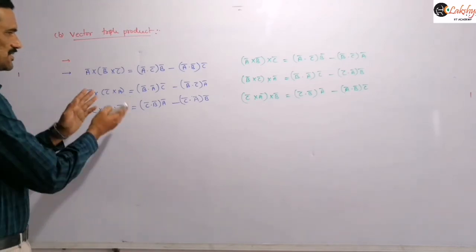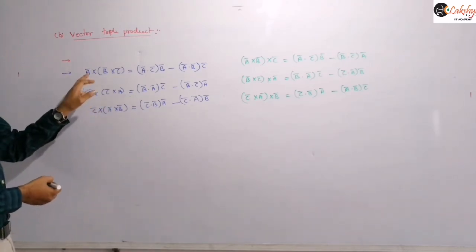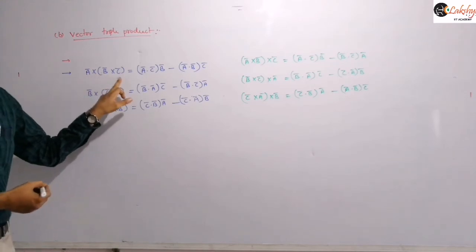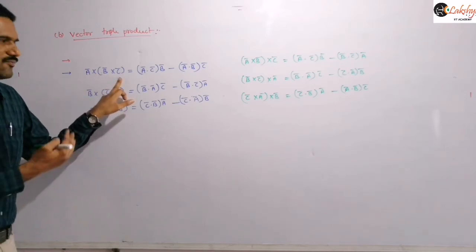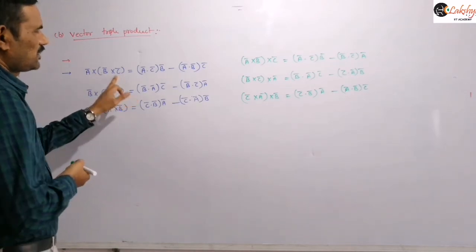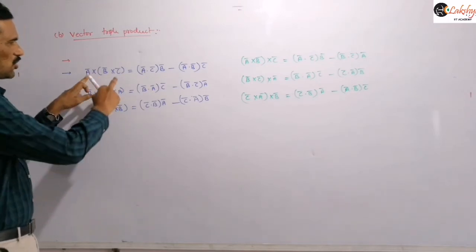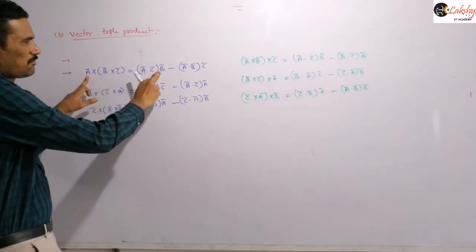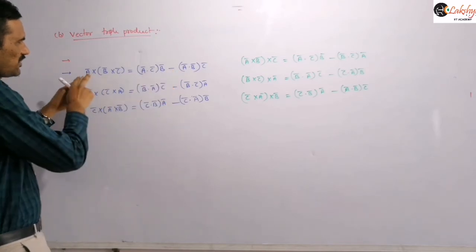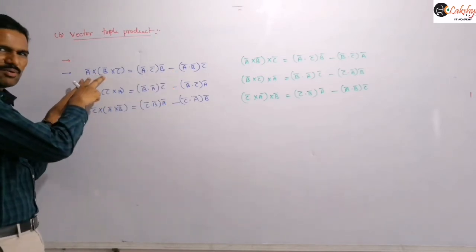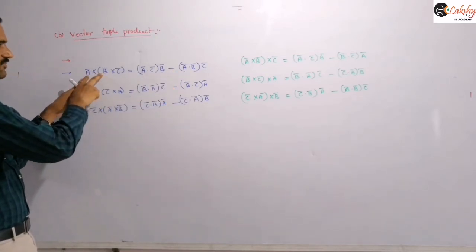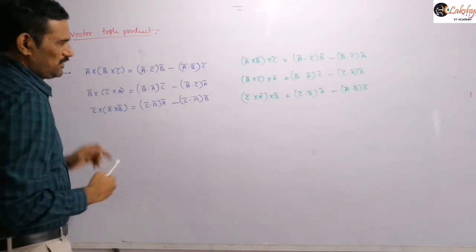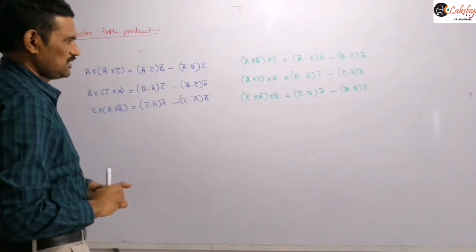It can be expressed like this: A bar cross of B bar cross C bar. Then we can write this as A bar dot C bar, the dot product of these two vectors, into B bar, minus the dot product of A bar and B bar, first vector and this vector, into C bar, right?